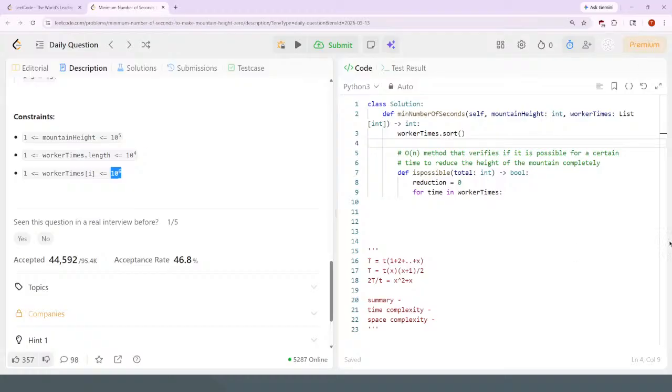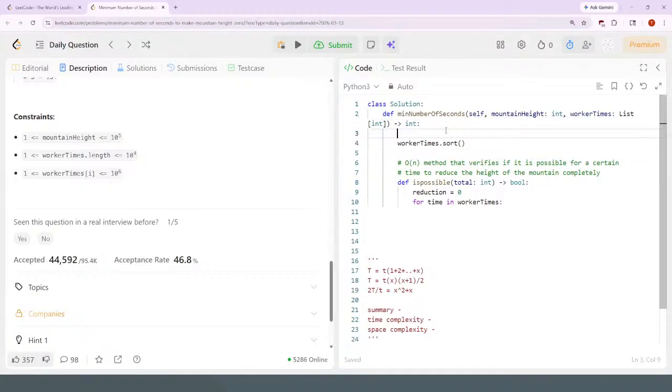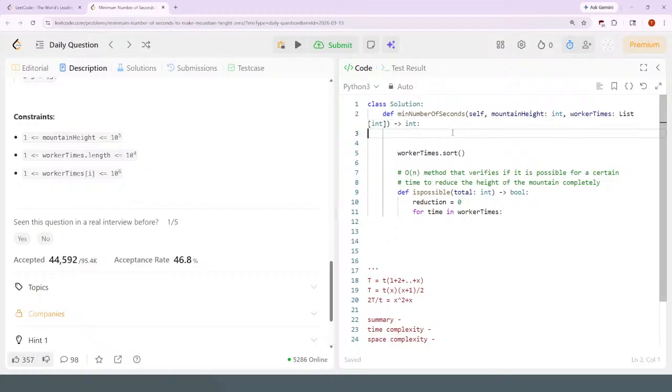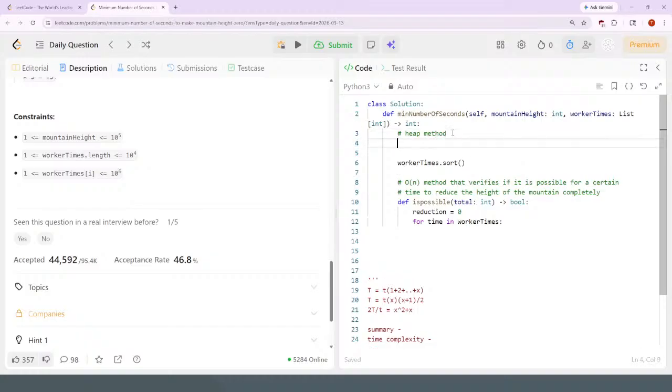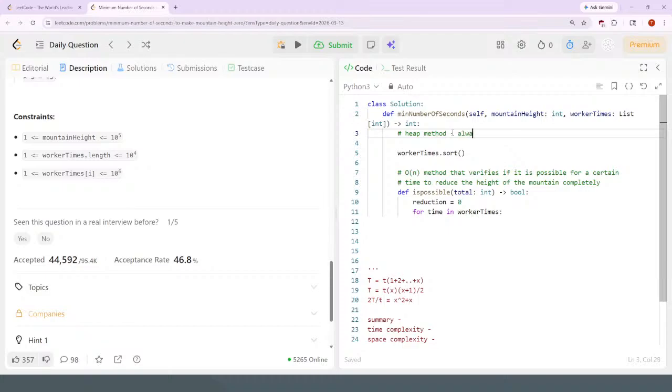All right, let's just do a simple heap. I think the other things I'm thinking about are much more complicated. So, heap method. Just always use the next lowest cost for reduction.